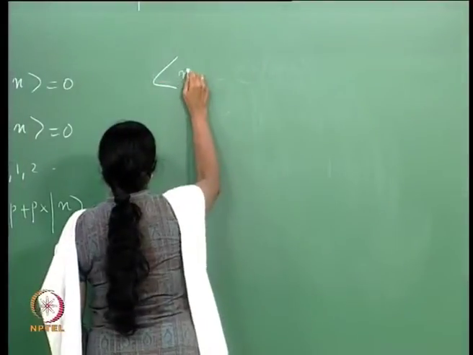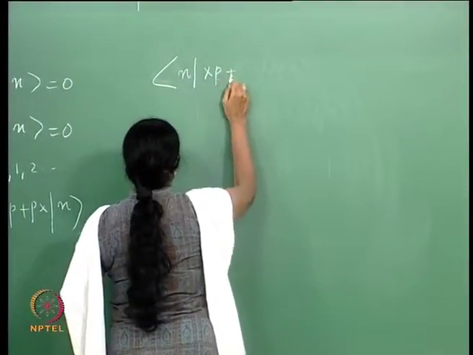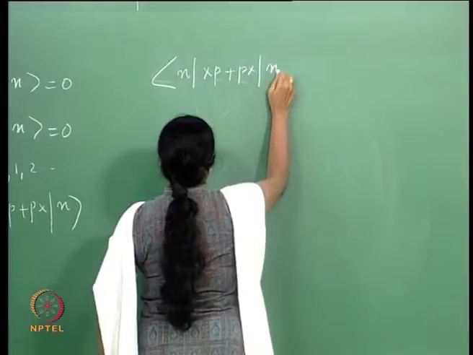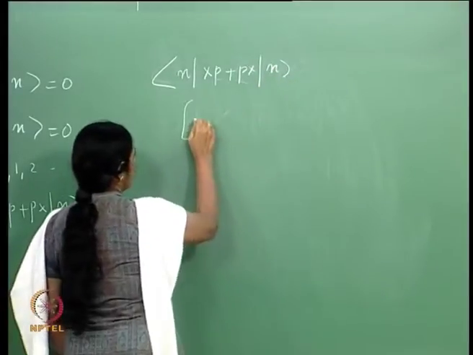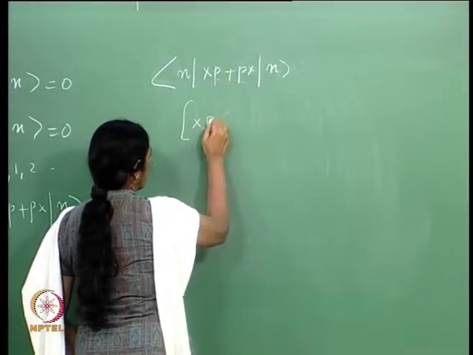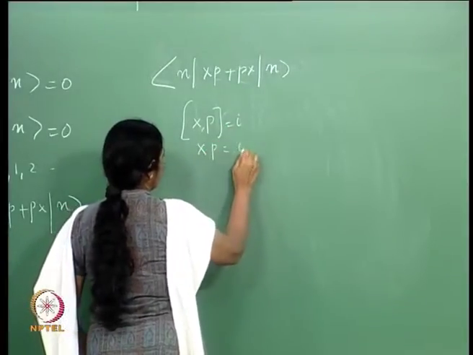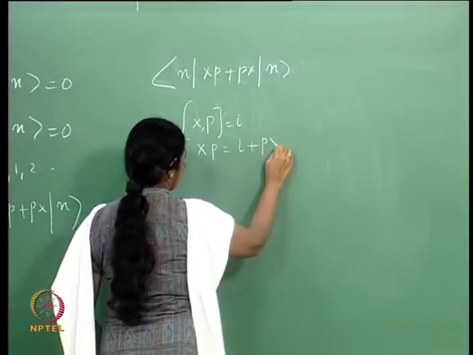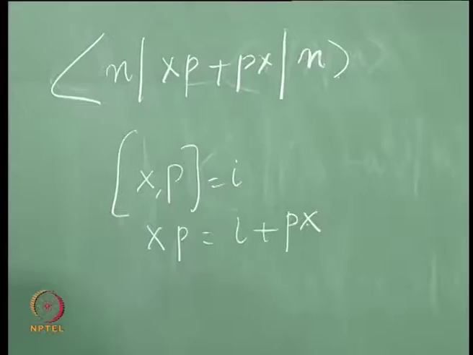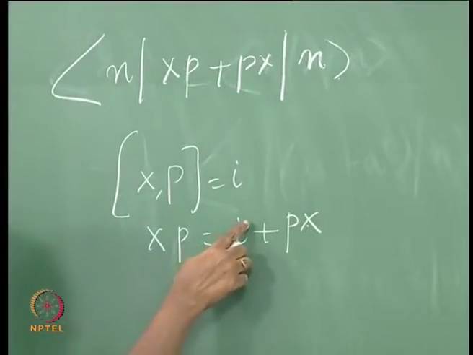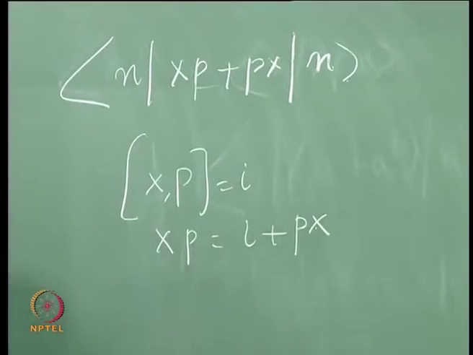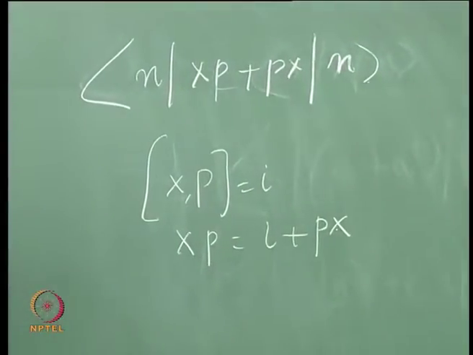So, we start with n xp plus px n, but we know that the commutator of x with p is i, therefore, xp is i plus px. Actually, it is i h cross times the identity operator out there, but we have set h cross equals 1.